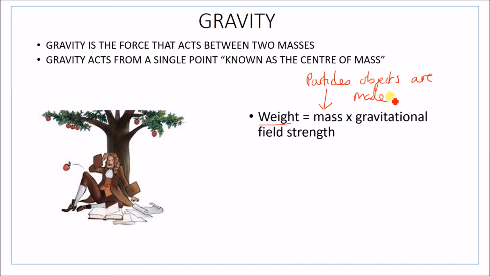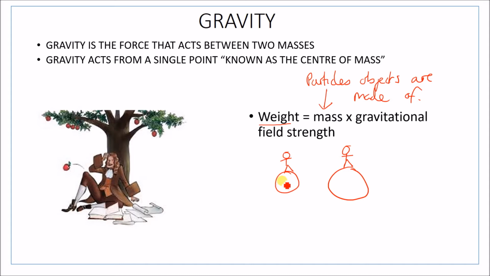And it's so easy to make a misconception with the difference between weight and mass. The particles objects are made of will tell you that if you go into space and you stand on the moon, you would weigh less than you would if you were stood on the Earth. Now remember, the reason for this is because the gravity on the moon is less.